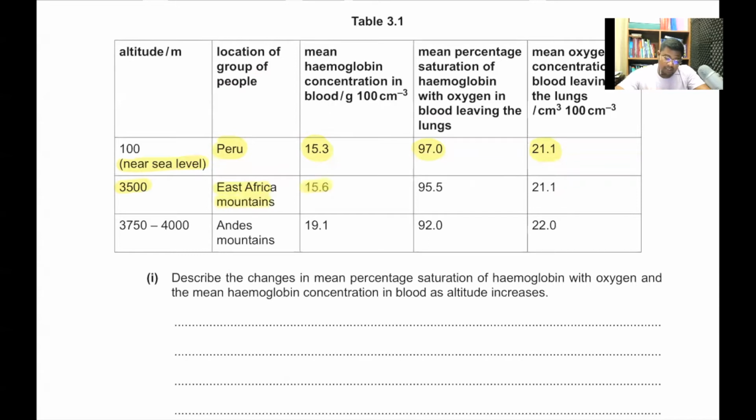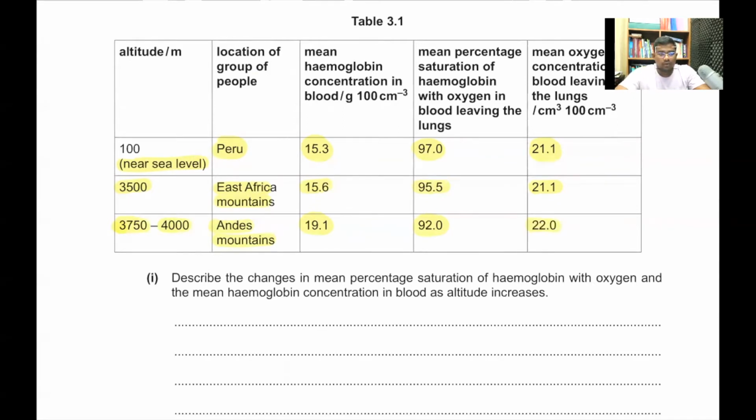We can see mean hemoglobin 15.6, 95.5% saturation, and the same amount of oxygen in the blood leaving the lungs. Then from 3,750 to 4,000 meters in the Andes mountains, we can see that there is a higher amount of hemoglobin, there is less saturation of that hemoglobin, and mean oxygen leaving the lungs is actually a little bit higher, which is 22.